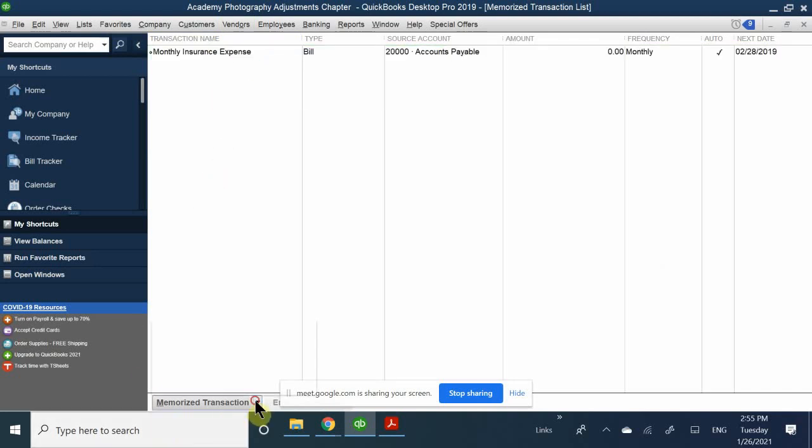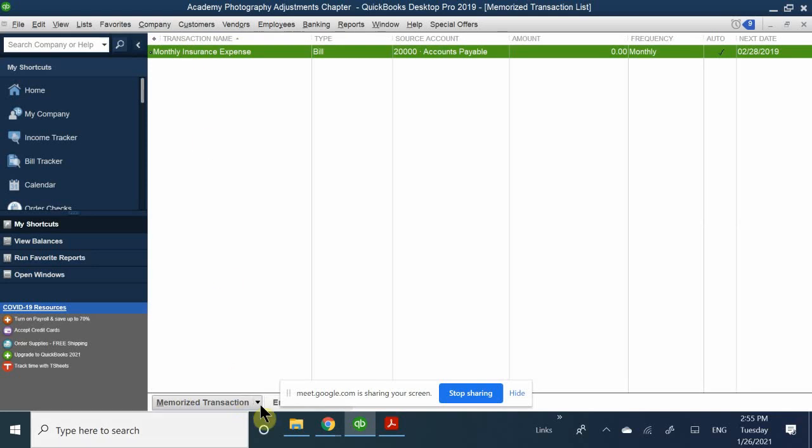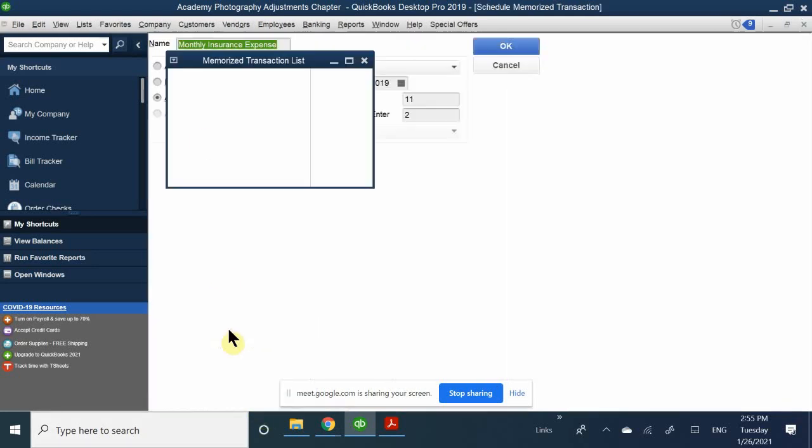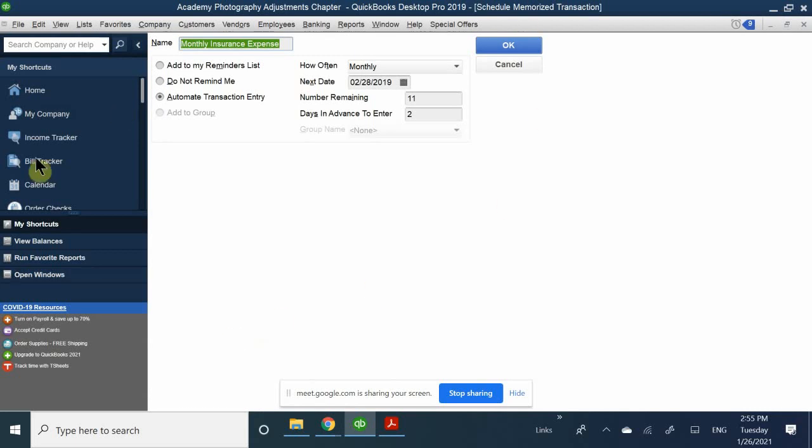So if I go down here and click Edit, I have to select it first, then click here and click Edit. It's only allowing me to edit how I want this to be placed in here. It's not going to allow me to edit the actual memorized transaction itself.